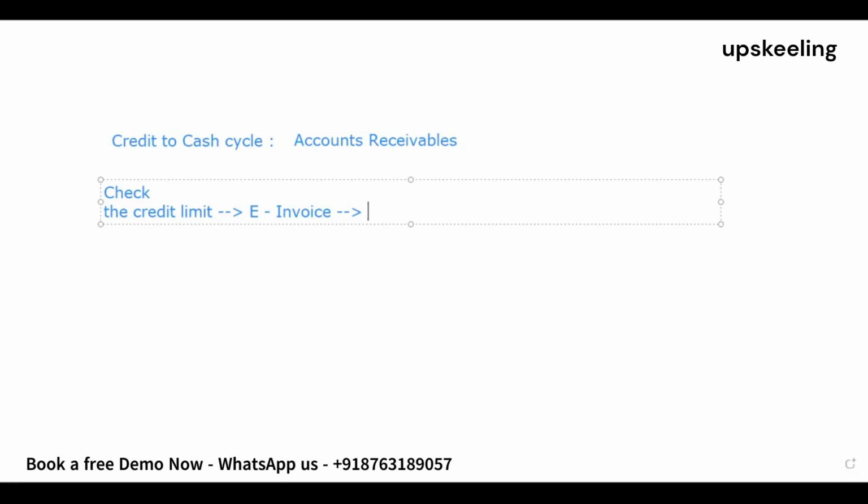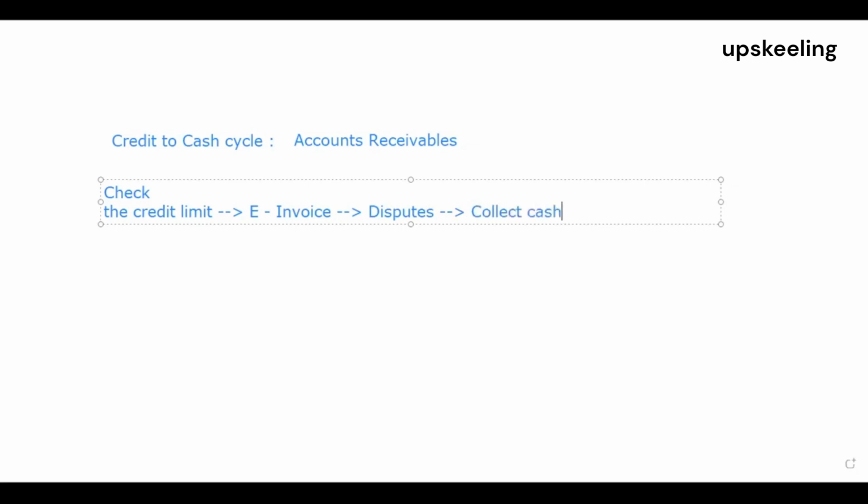You will have some defectives. At that time, they will raise a dispute, a quality issue. Then this dispute needs to be resolved, and you will finally collect the cash for the remaining, right? You'll ask them to keep the rest and then collect the cash. This is the general cycle.